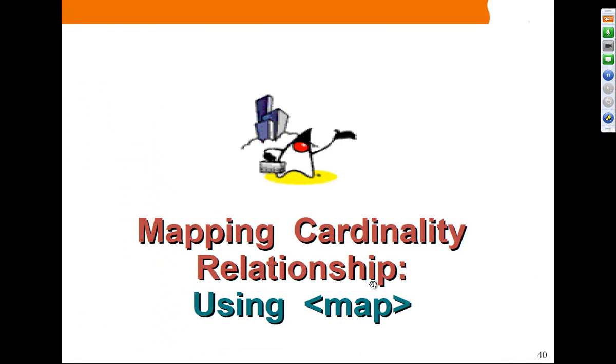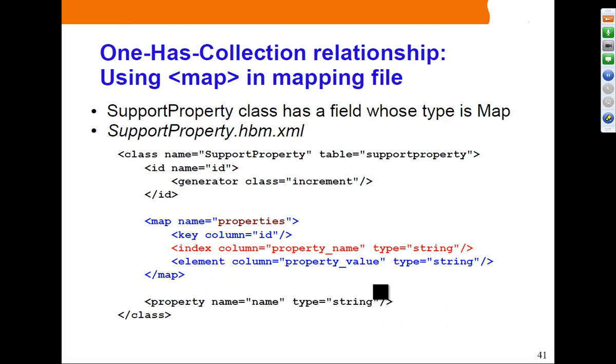Next is mapping a collection relationship using a map. You can actually use a map. In this case, we have the support property class with a properties property. This is the name of the class, and this is the name of the property inside the support property class.